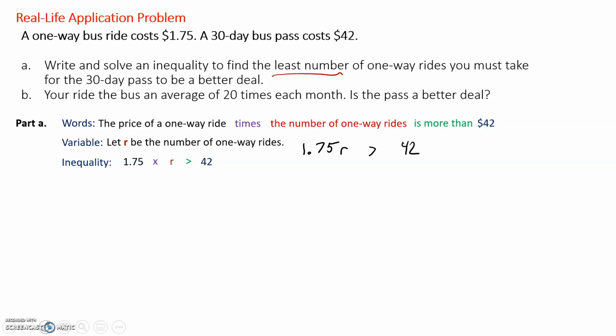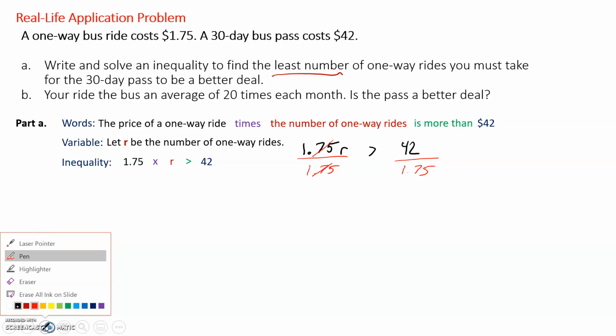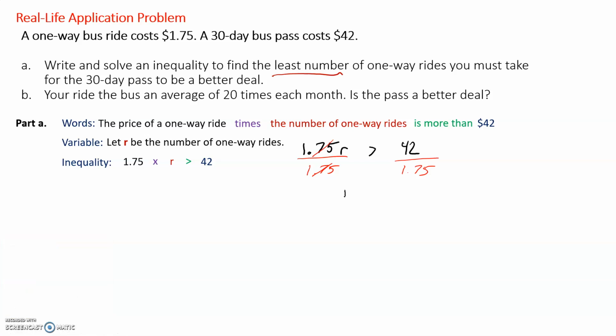Now I need to divide both sides by 1.75. These cancel each other out, and I'm left with R is greater than 24, since 42 divided by 1.75 is 24. What that's saying is, if I take more than 24 rides, it's going to be the better deal to buy that 30-day pass.